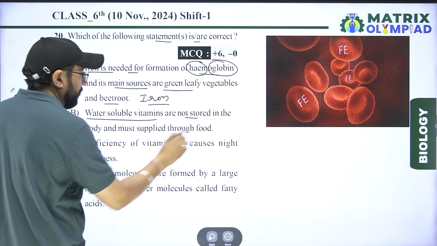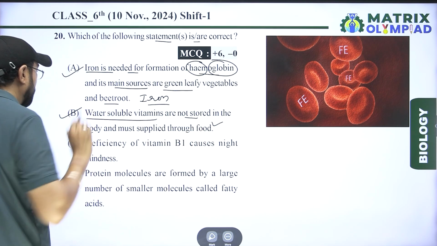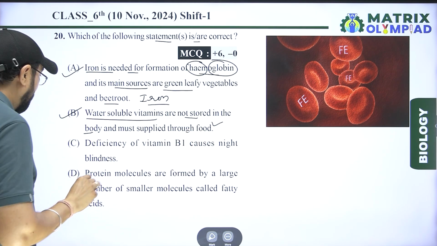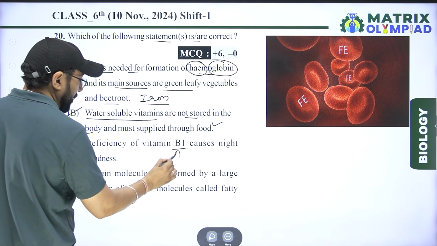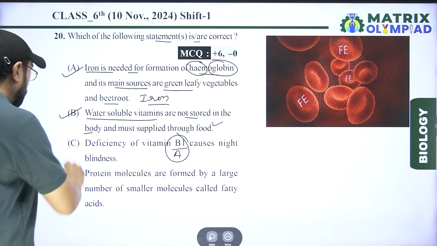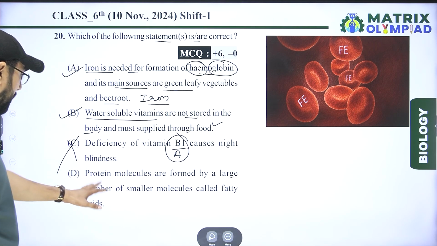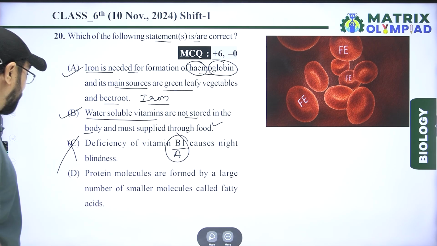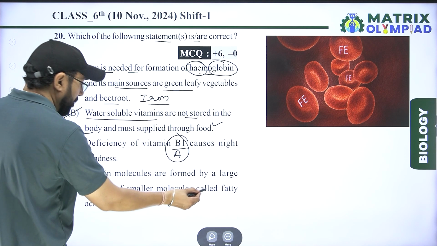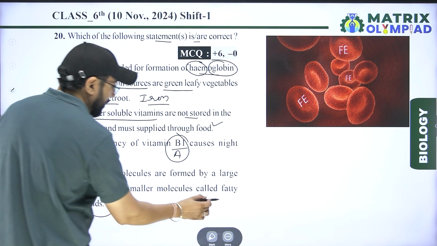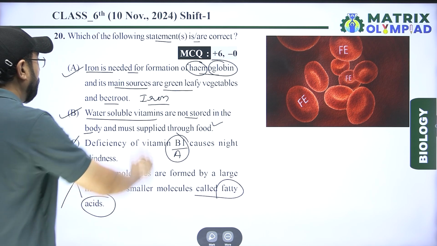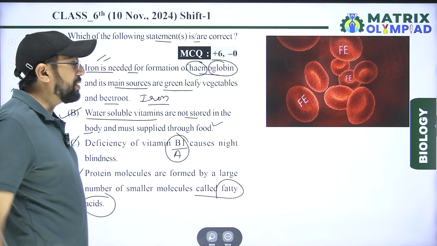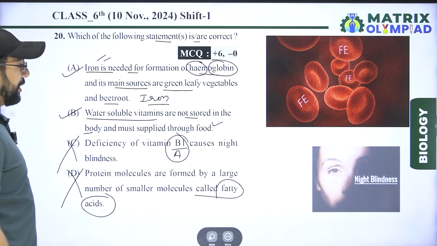Must be supplied through food. That is the right option. Deficiency of vitamin B causes night blindness? No, A causes it. So wrong. Protein molecules are formed by a large number of smaller molecules called fatty acids? No, these are called amino acids. So D is wrong. A and B is correct for this question.